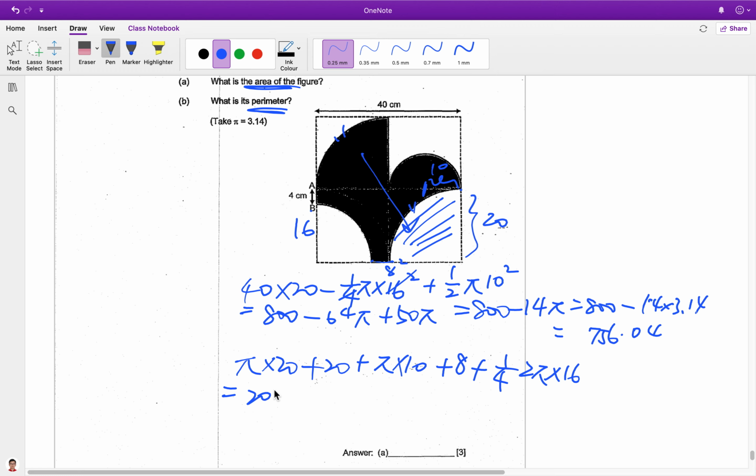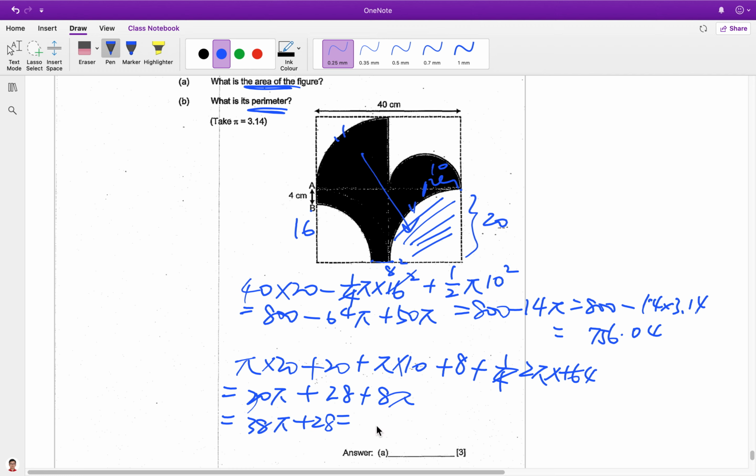So this is 20 pi plus 10 pi, 30 pi, plus 28 plus this one, 4 times 2, is 8 pi, right? Equals 38 pi plus 28, right?